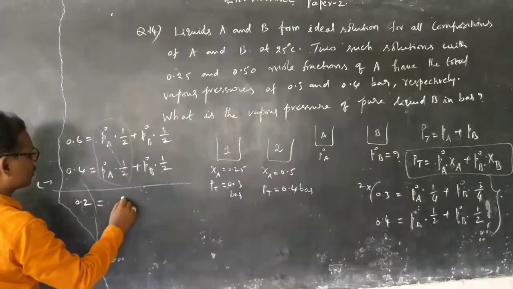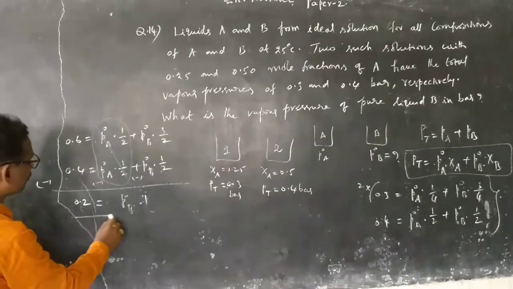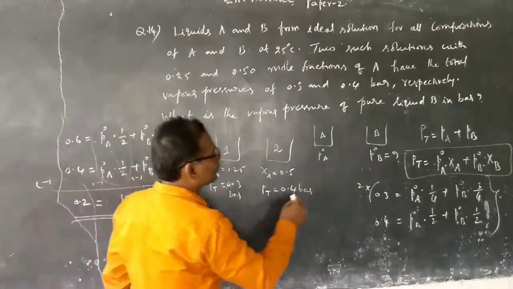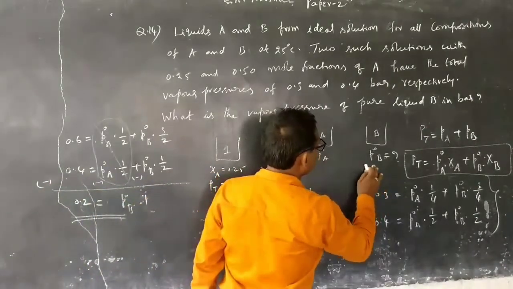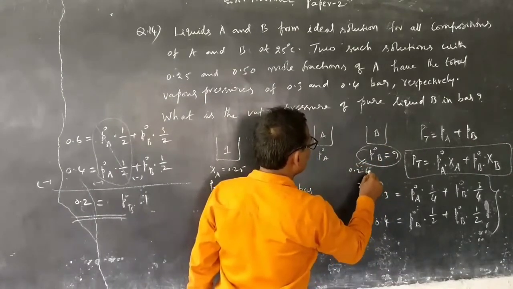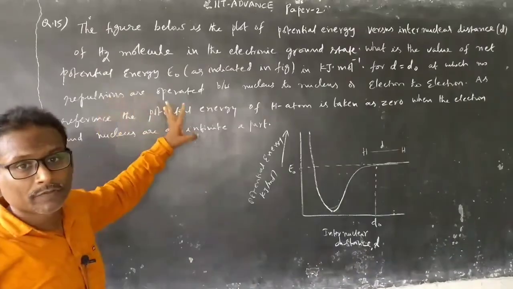That means you will get P naught of B, that is P naught of B is equal to 0.2 bar. That is the answer.